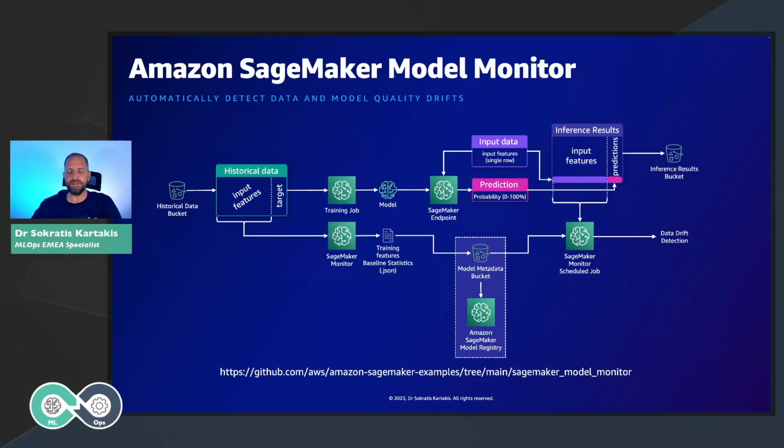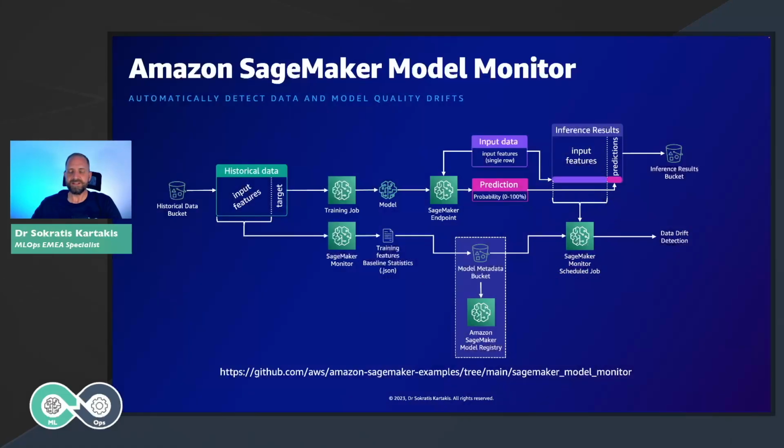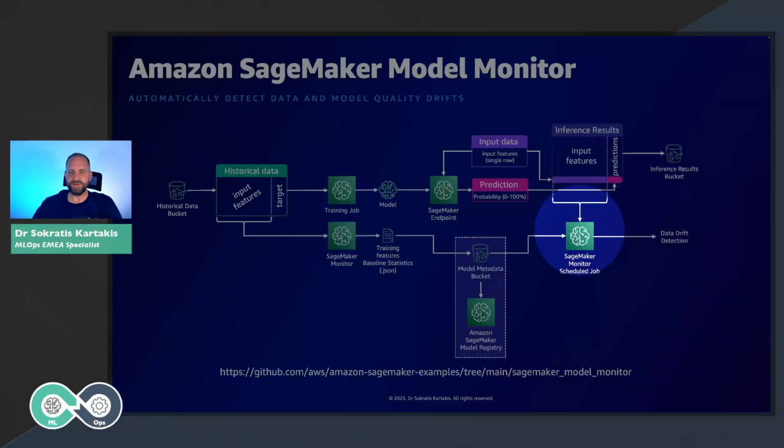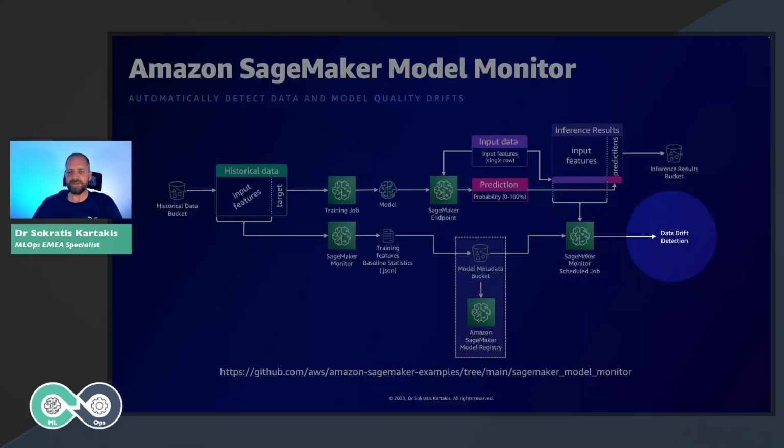From SageMaker Monitor, you are able to schedule a job, and what it does is take the input features from the inference results, translate those into baseline statistics for these inference results input features, and compare these baseline statistics with the baseline statistics of the input features of the data that we used to train a model. That way, by comparing the statistics and the distributions of the data, you are able to raise data drifts.